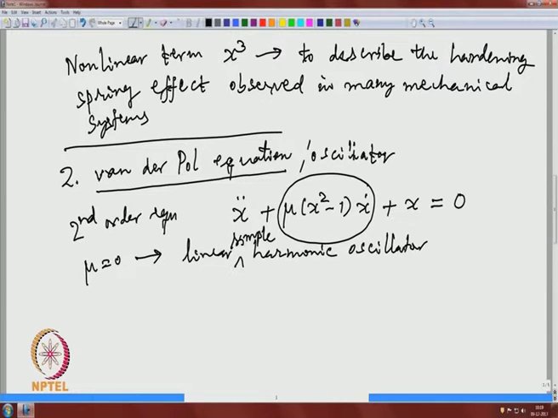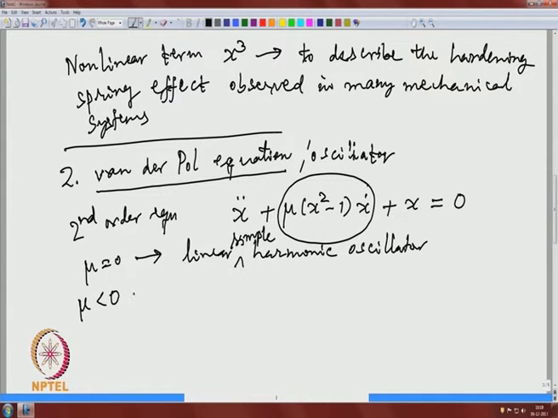Okay, when mu equal to 0, certainly we have periodic solutions, and would like to see whether mu not equal to 0 also produces periodic solutions. Okay. So, you can imagine, when mu is negative, that is the interesting case. So, we will do the linear stability analysis for this also.